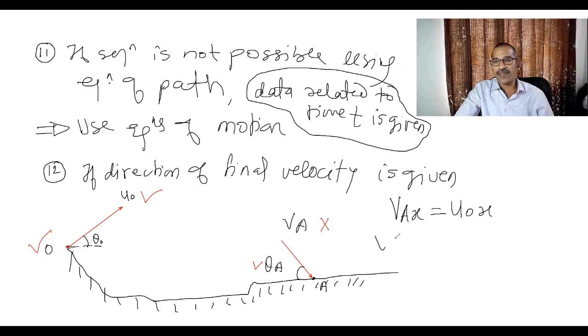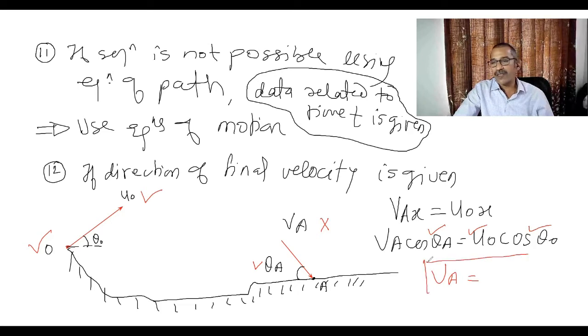In this case, VA cos theta A equals U0 cos theta 0. Substituting the known values, you know theta A, U0 and theta 0, so V is easily possible. Once you get V, the other part is easily solvable.